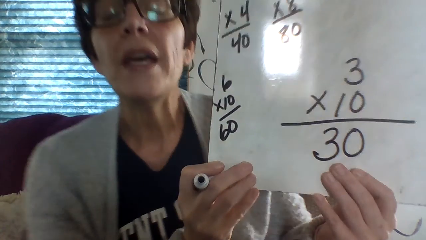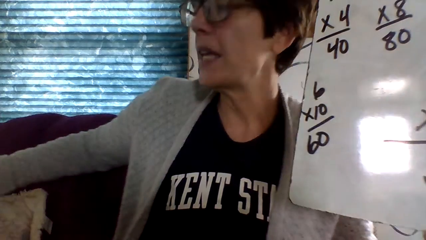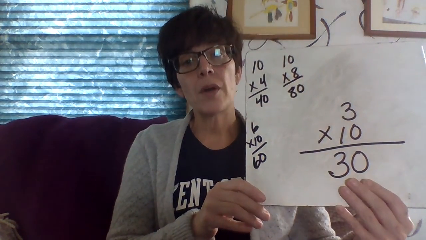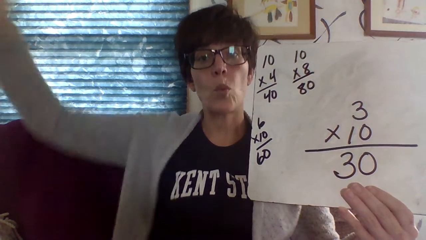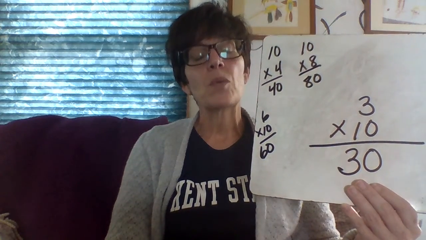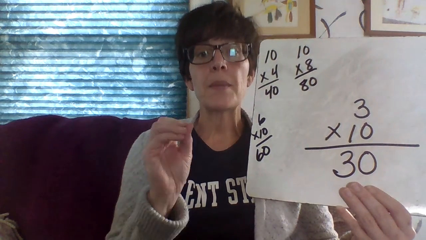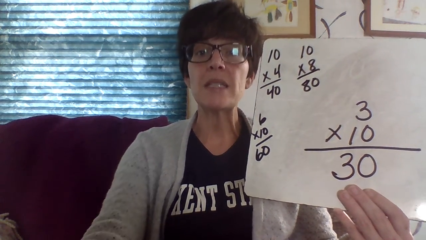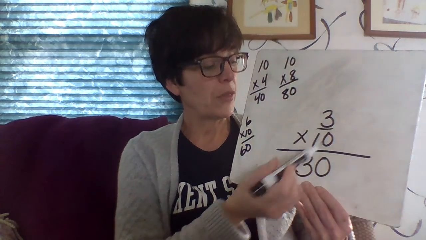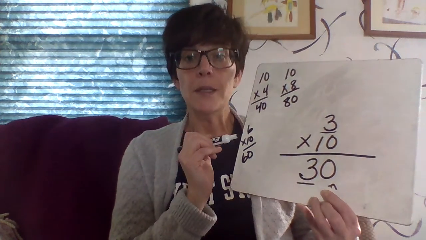I'm hoping you're remembering that when we were in class together, when we started our multiplication facts, we discovered the pattern. When we multiplied times 10, we take the other factor, that number goes in the tens place, and we just add a 0.